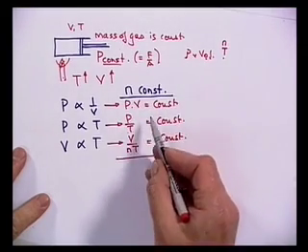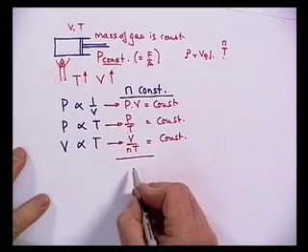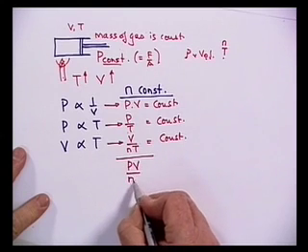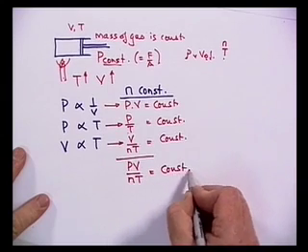And what I'm going to say is that if we put all of these together, what we get is PV over nT is equal to some constant.